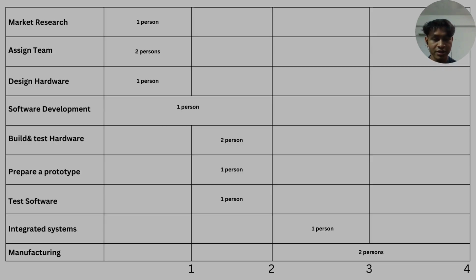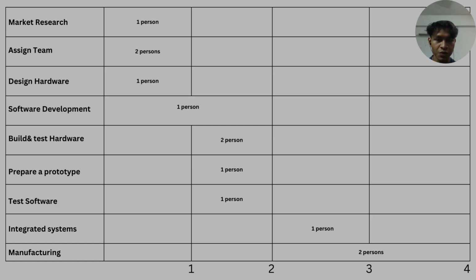Okay, so this is the table on how we allocate the project managers according to their tasks. As I said before, we have 1 month to produce our product. As you can see on the x-axis, we have 1, 2, 3, and 4, which is the weeks of a month. 1 month we have 4 weeks.